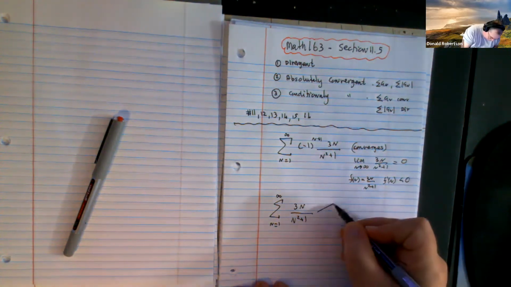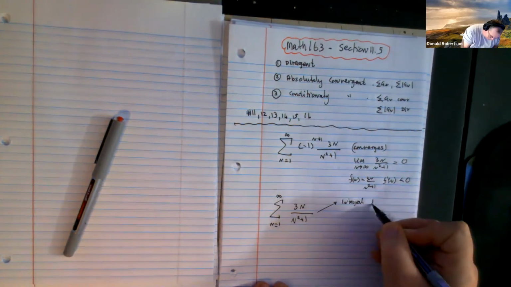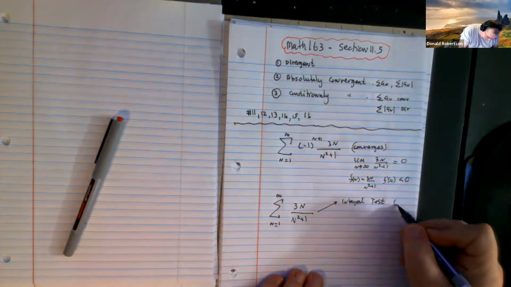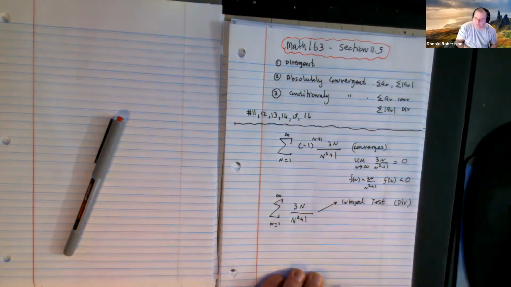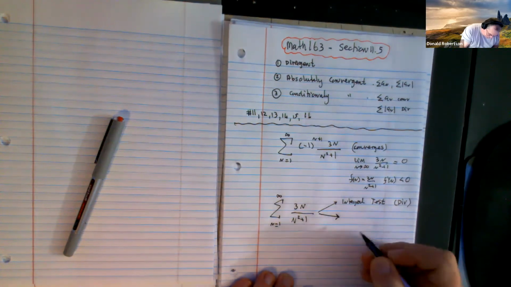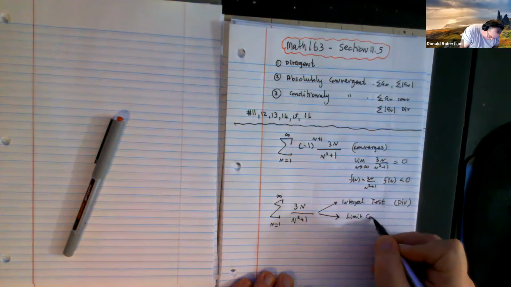I could do the integral test. And that would work. If I did the integral test, I would find out that it diverges. I could do the limit comparison test.